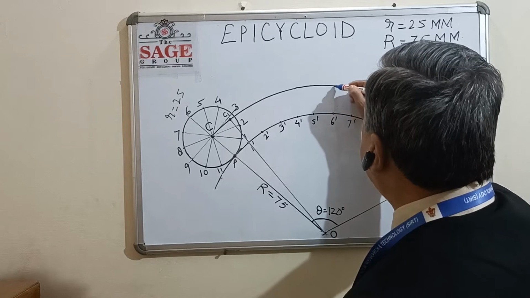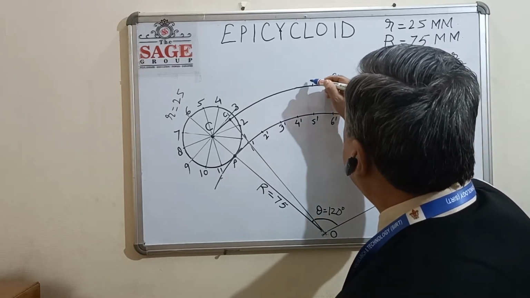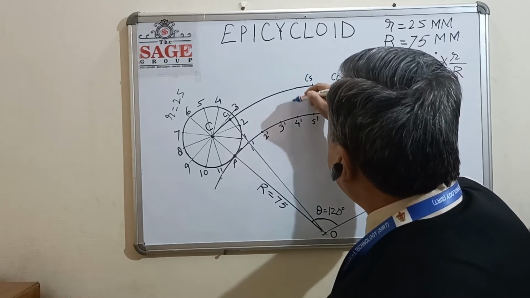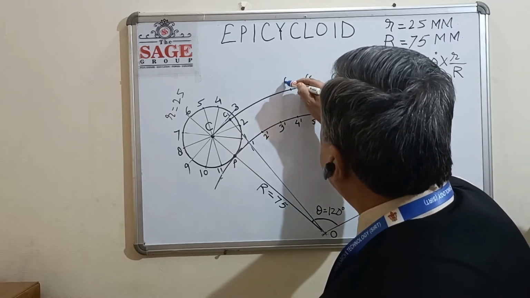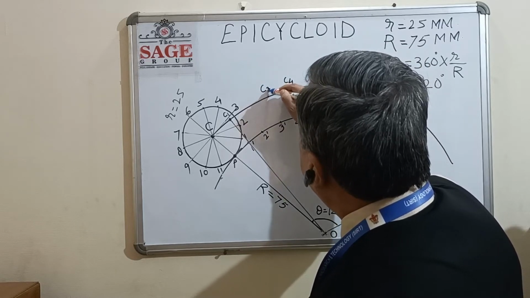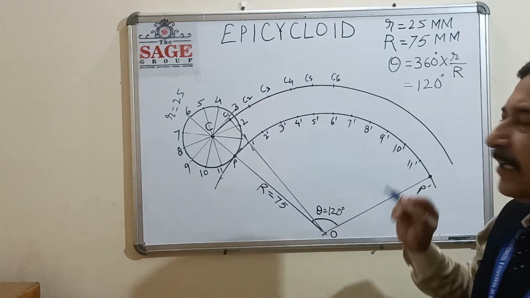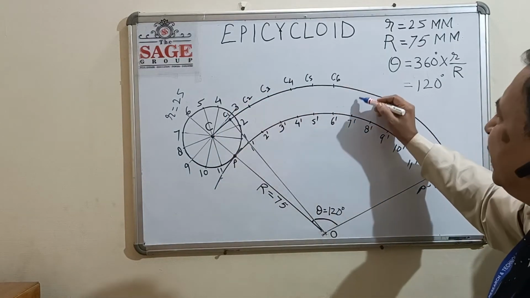So this gives us C6. This gives us C5. This gives us C4, C3 and C2. Just like this, we get all centers.